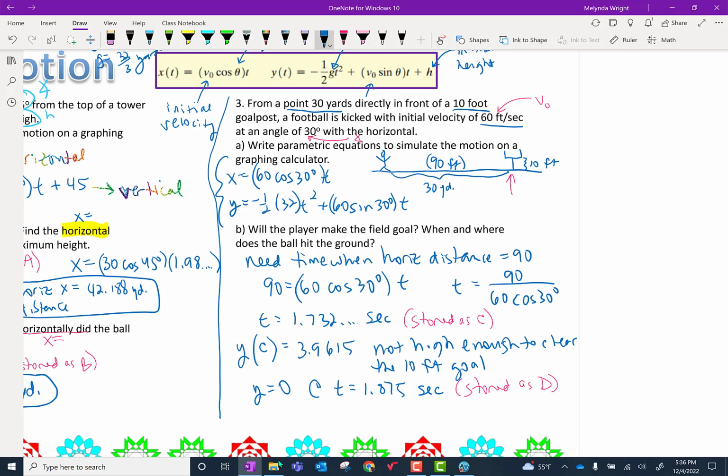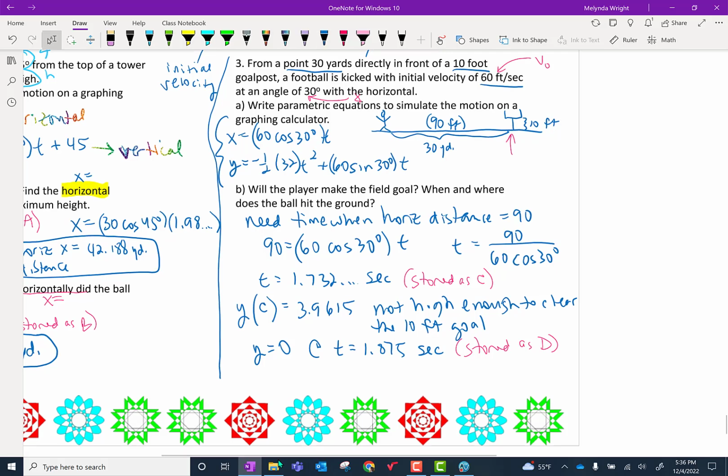Okay, so when y is 0, we did one just like that on the one right before. When does it hit the ground? That's when y is 0. That's when it hits the ground. So what does it want to know? When and where? So that's the when. Where? Let's include the units. How are we going to know where?